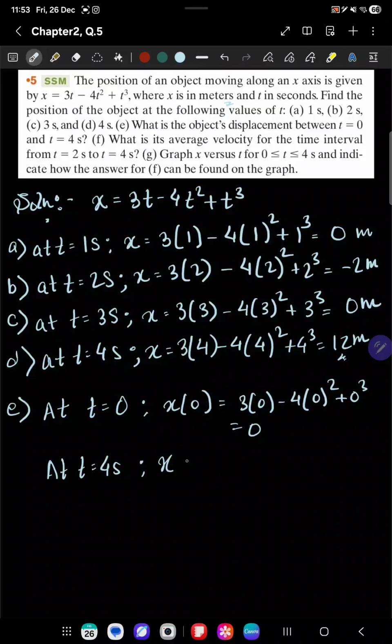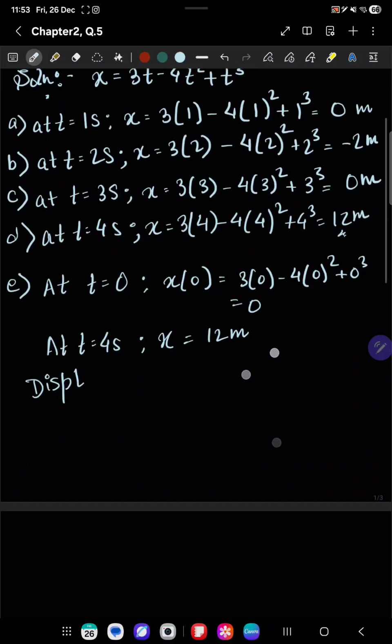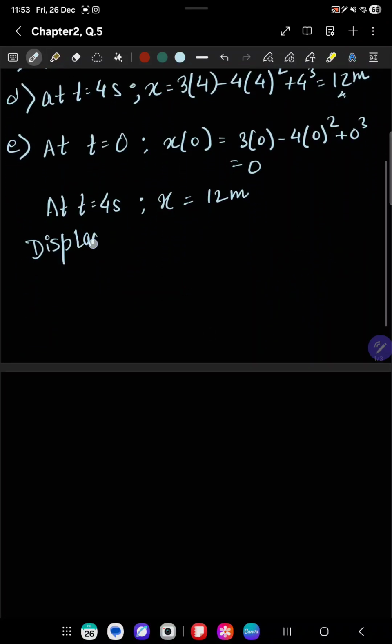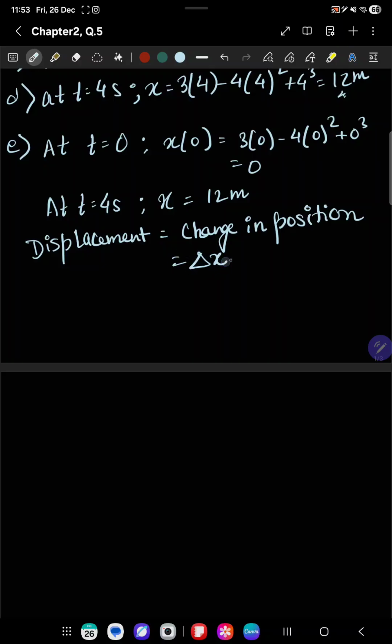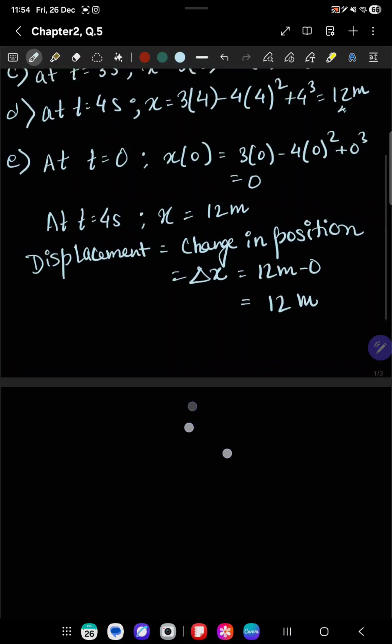So x is 12 meter from above. So if we need to find out the displacement, it is nothing but change in position, which is delta x. So we can write 12 meter minus 0, which will give us a value of 12 meter. So E part is also complete.